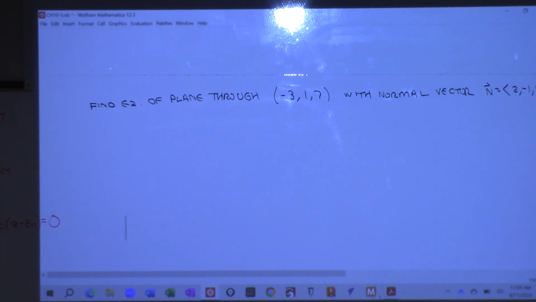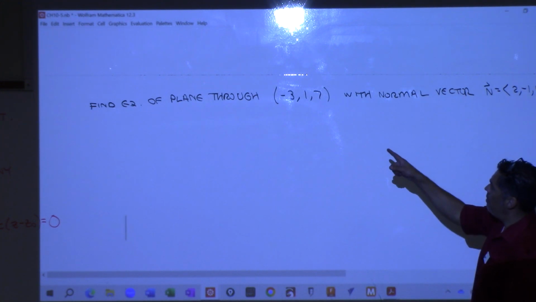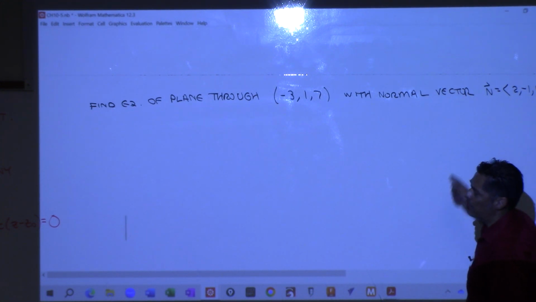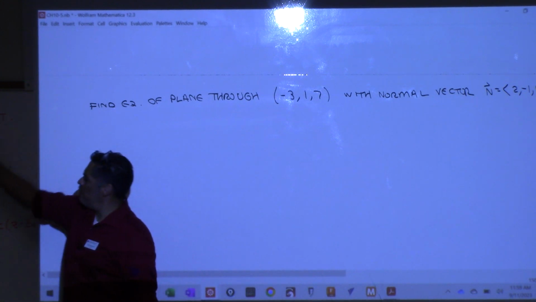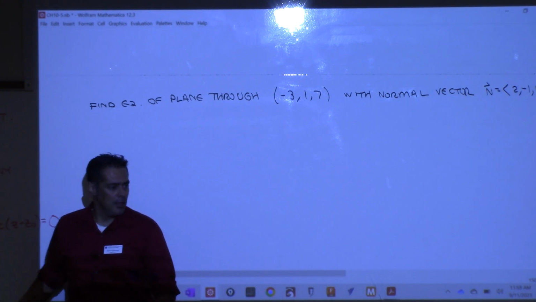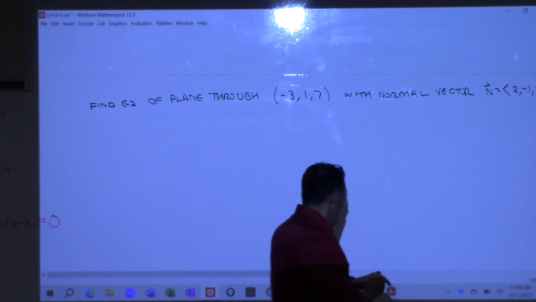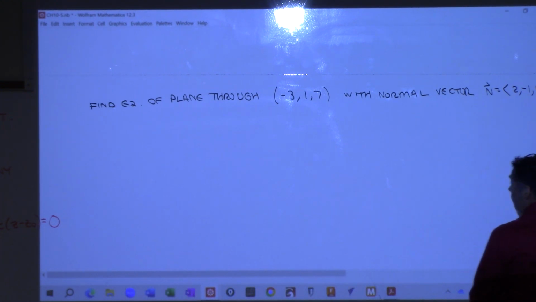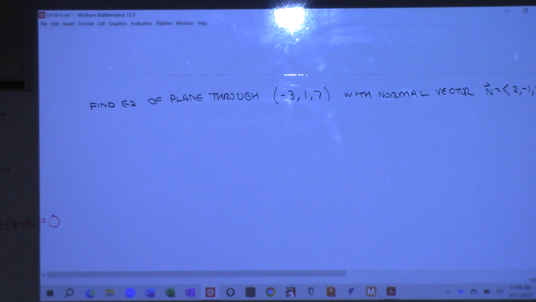So we want the equation of the plane through that point, and I gave you the normal vector. If you have the point and the normal vector, you're just going to plug right into this formula, right? There's no more work to do. So for us, what's A, what's B, what's C? Yep, this is A, this is B, this is C, right?